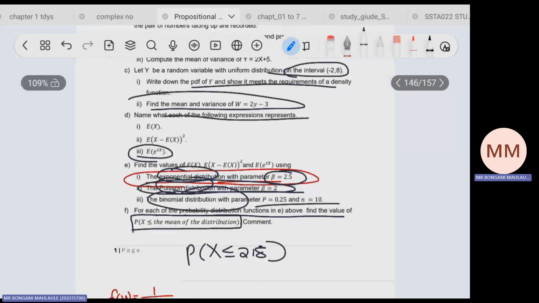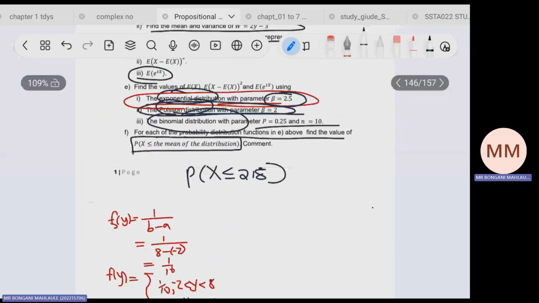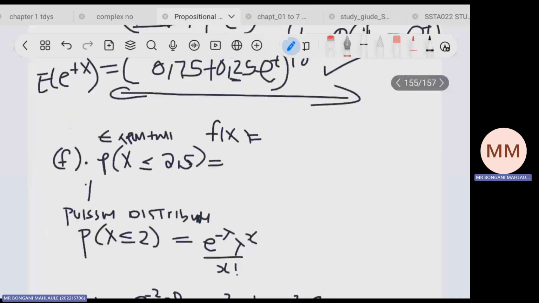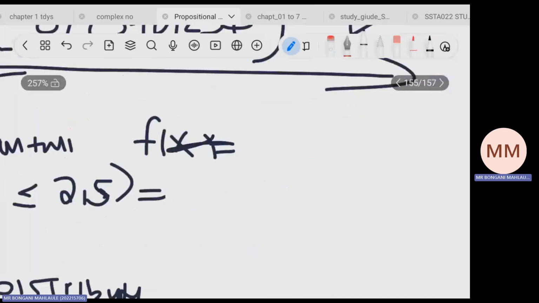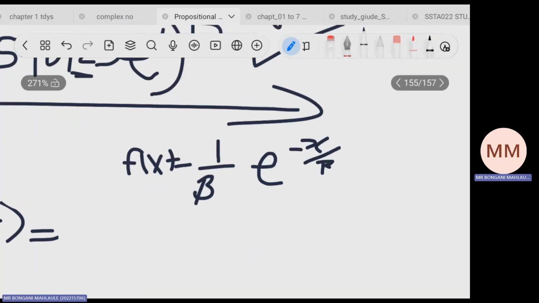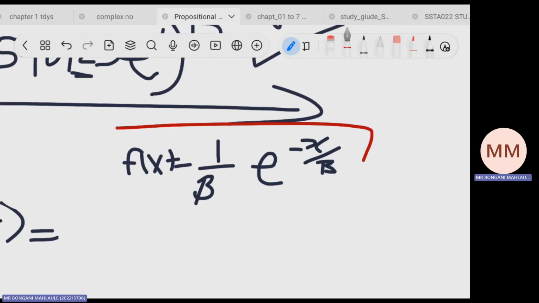So the formula is going to be like this. For the function of an exponential, you will have f of x is equal to 1 over beta Euler negative x over beta.